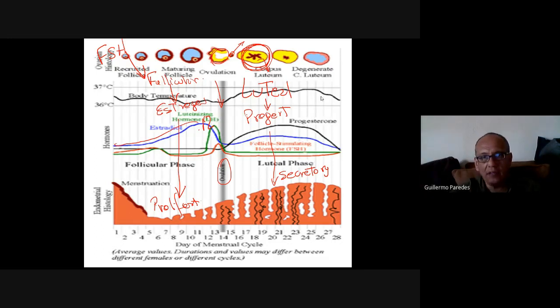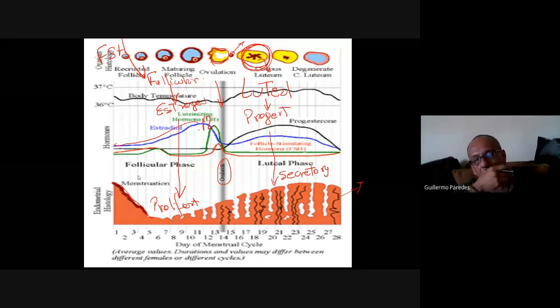So if you are not pregnant, the progesterone produced by the corpus luteum is not going to be enough. It's not enough to sustain the growth of the endometrium. At the end of 28 days, it's unsustainable anymore because the progesterone is not produced in big amounts by the corpus luteum. And that is going to make the endometrium slough off, and they are going to start your menstrual cycle again. You okay with that?